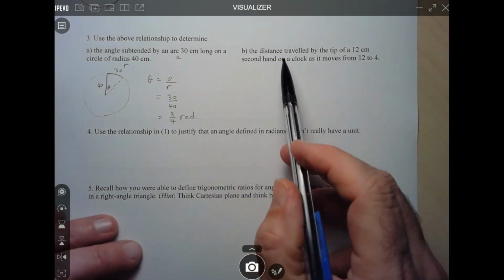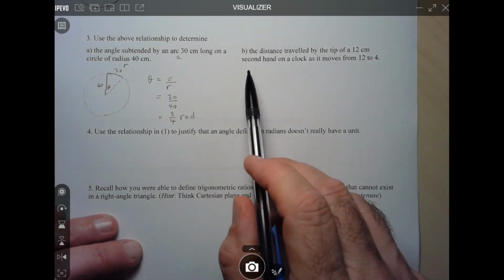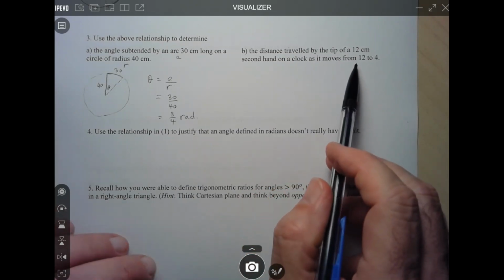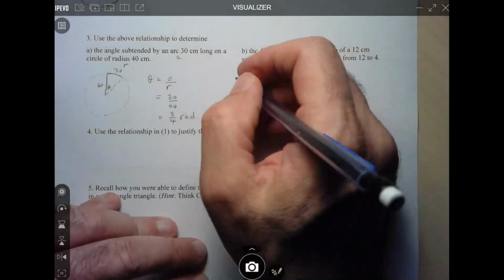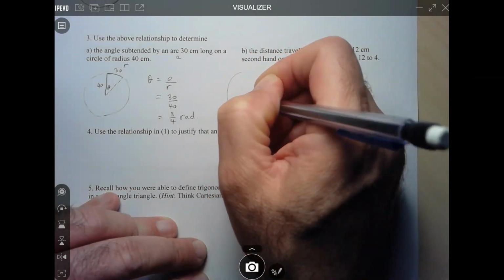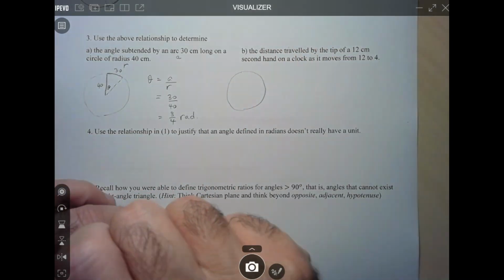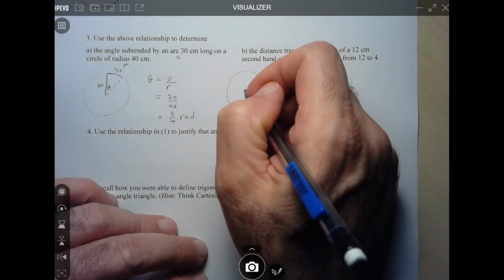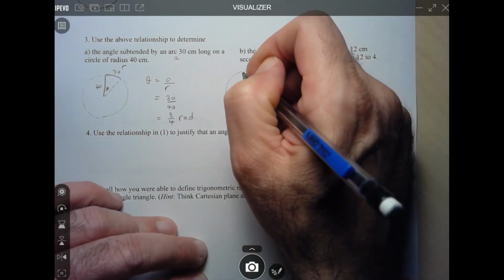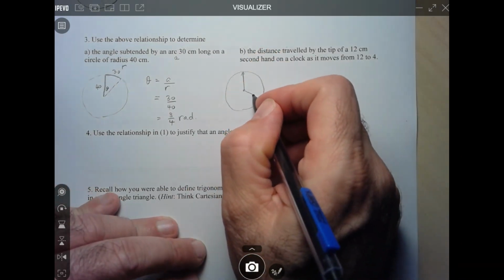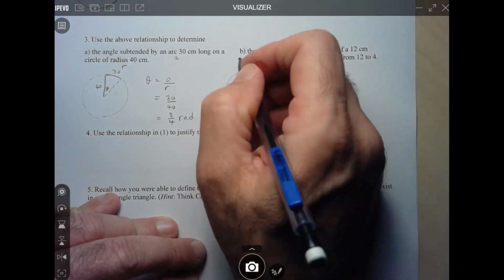It says the distance traveled by the tip of a 12 centimeter second hand on a clock as it moves from 12 to 4. Okay, so let's draw ourselves a little picture here. So let's draw, say, a clock. Now here we have the second hand, which moves from 12 to 4, which would be somewhere there.